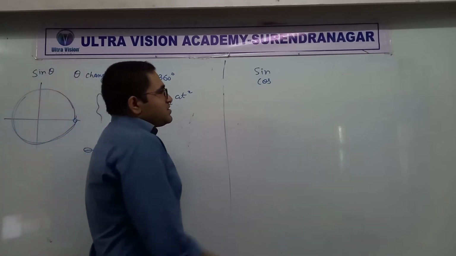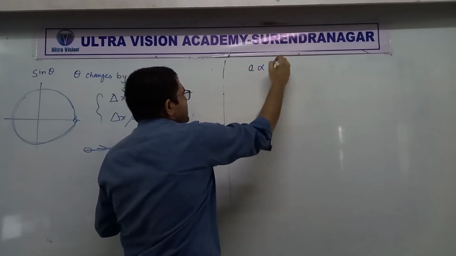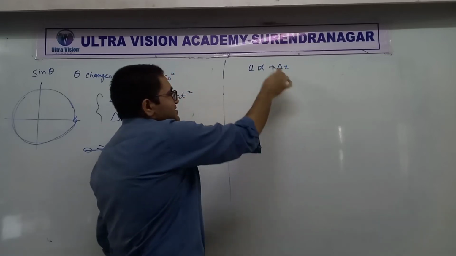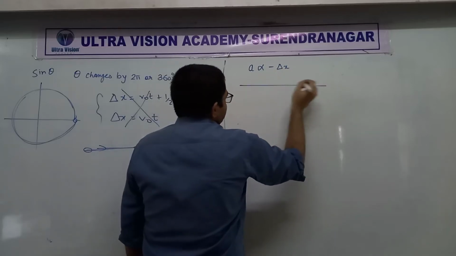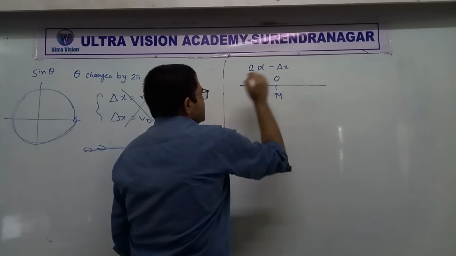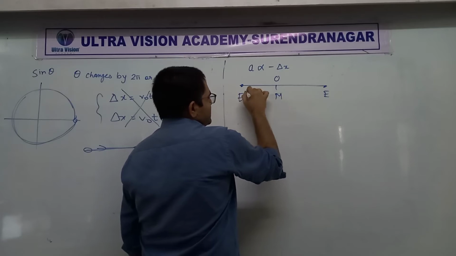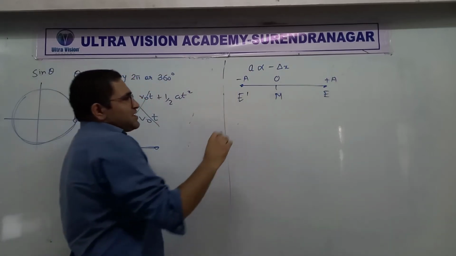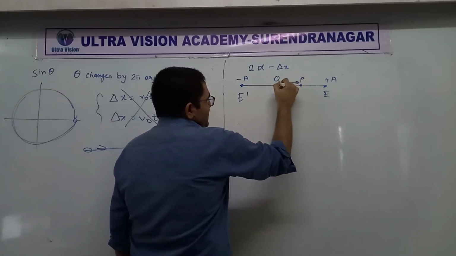Now, the basic idea is that we want something that satisfies this relation. For the sake of mathematical simplicity, let's consider that the mean point is the origin 0, with extremes at plus A and minus A. If the particle is here, then its x coordinate will be x.